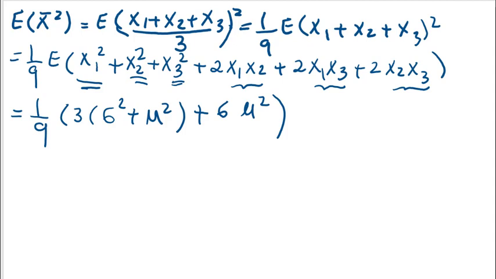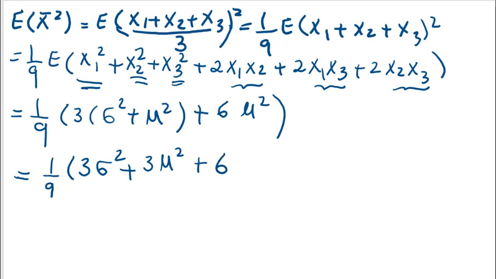So that one will be equal to 1/9 (3 sigma squared plus 3 mu squared plus 6 mu squared). And that one is equal to, 3 mu squared plus 6 mu squared is 9 mu squared.